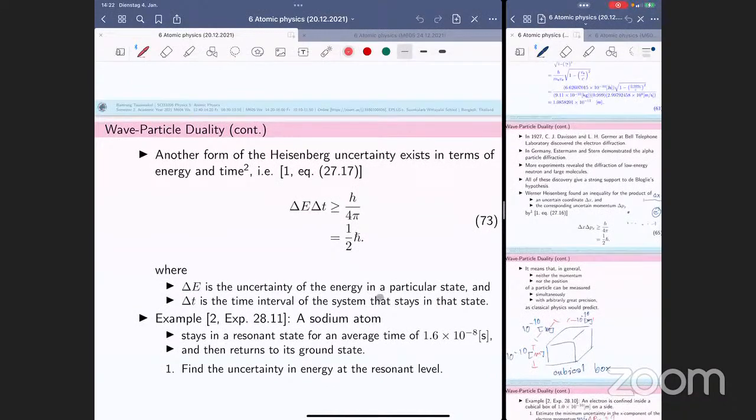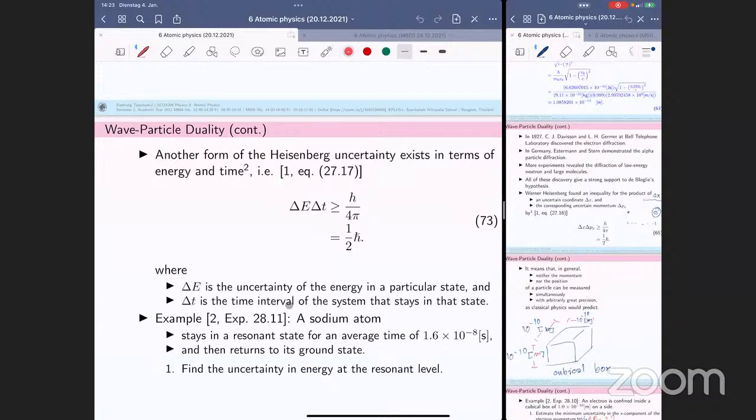The energy here is in the SI scale, which is in Joule, and time is in second, and you know the Planck constant is in Joule second, right? Delta E is the uncertainty of the energy in a particular state. Delta T is the time interval that the system stays in that state.